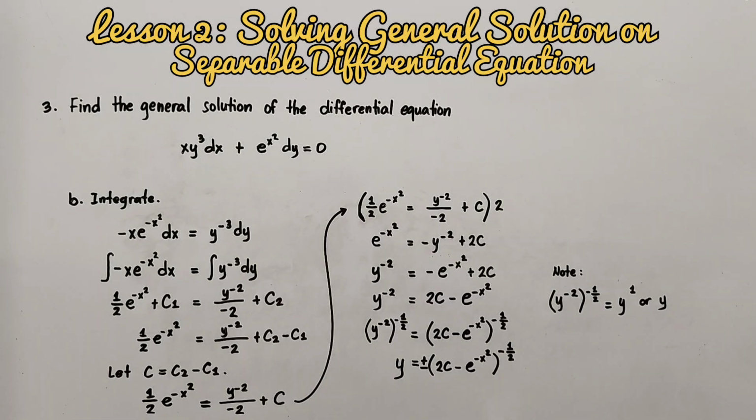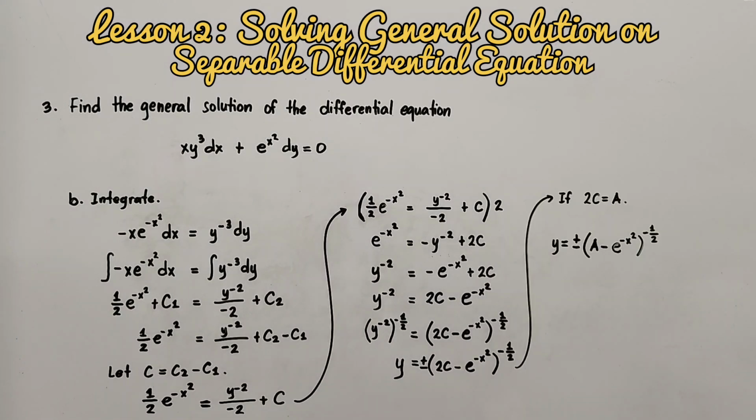So the equation becomes y equals plus or minus the quantity 2c minus e power negative x squared raised to negative 1/2. And since 2c is an element of real number, or 2c qualifies for any constant, then we will assign 2c equals a. So the general solution of this equation is y equals plus or minus the quantity a minus e power negative x squared raised to negative 1/2 power.